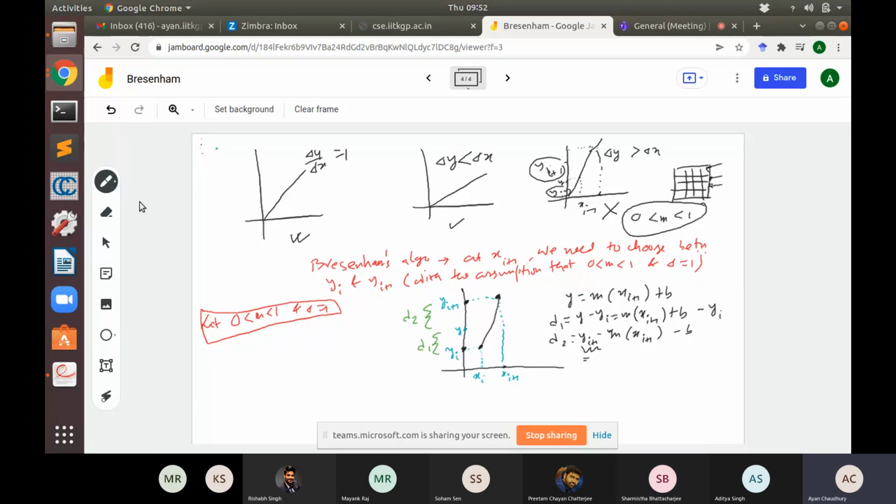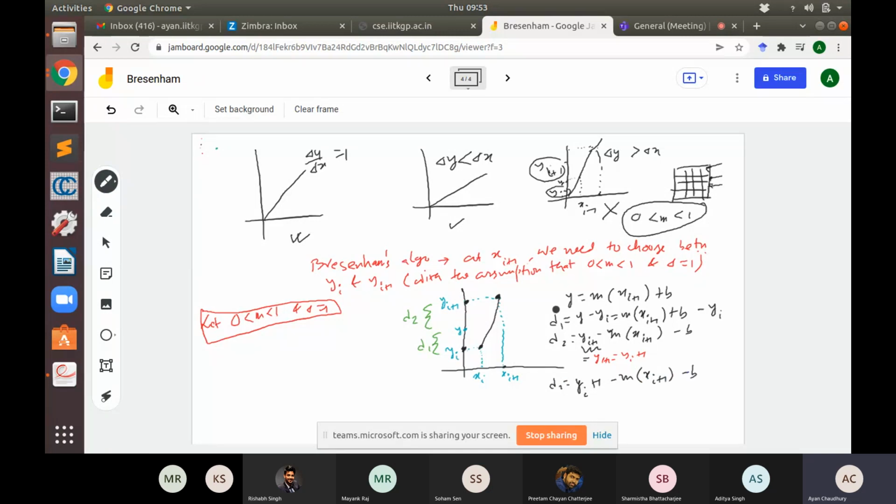So yi plus 1 is equal to yi plus 1, right? Okay. So that means we can write d2 is equal to yi plus 1 minus m x i plus 1 minus b.